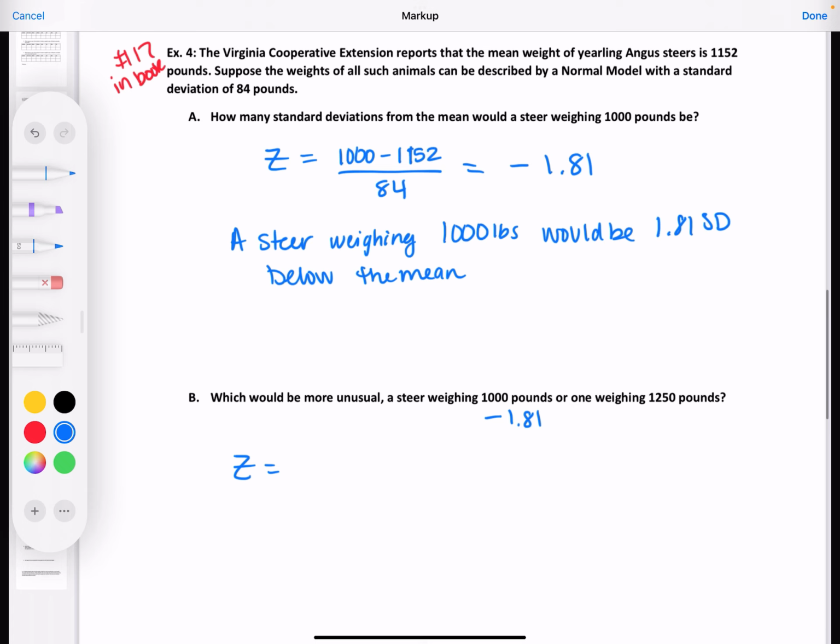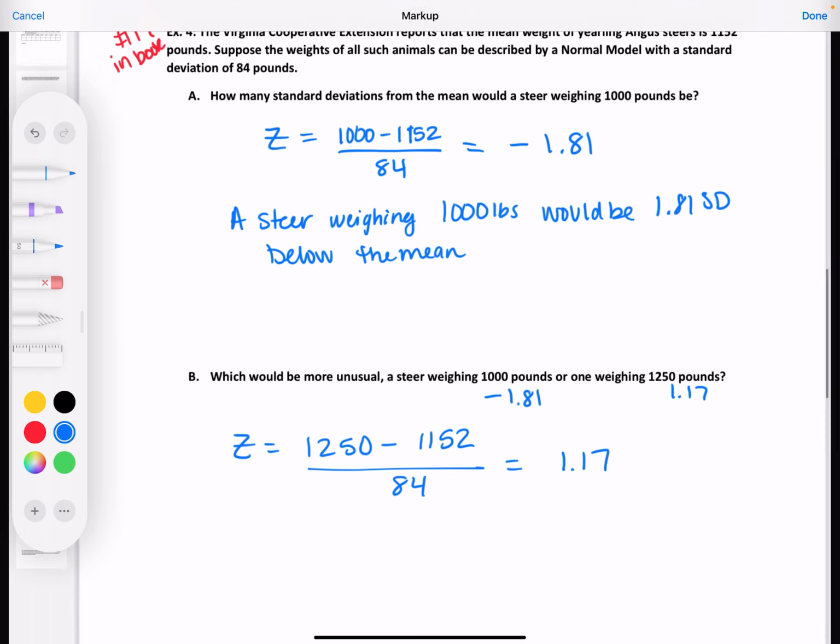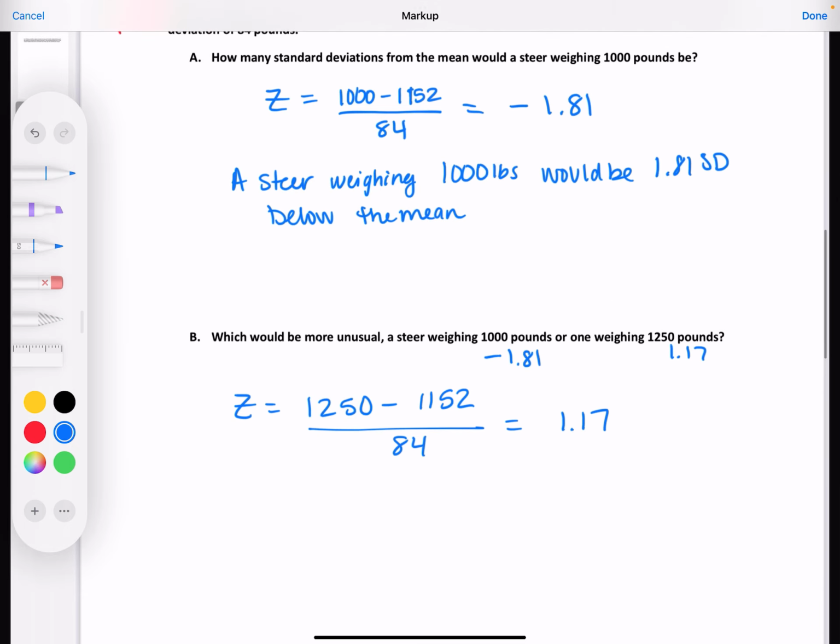Okay, so it's 1,250 minus 1,152 over 84, which is 1.17. So this one is 1.17. So which one is more unusual? The 1,000, because it's farther away from the mean.